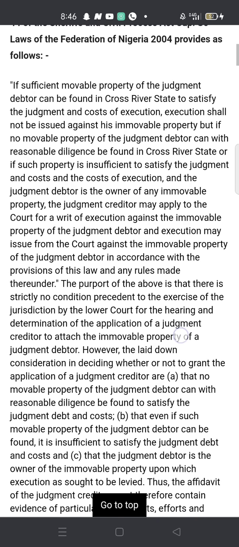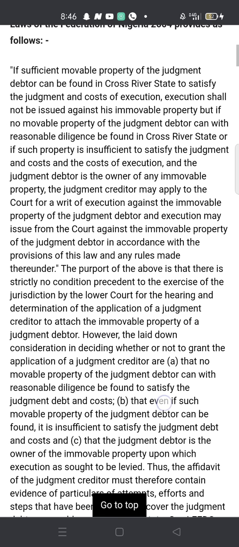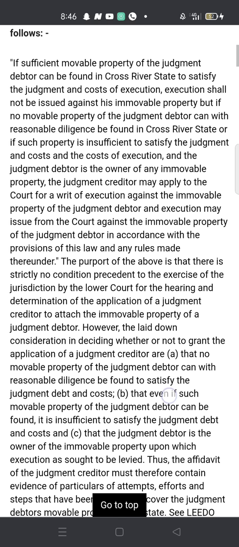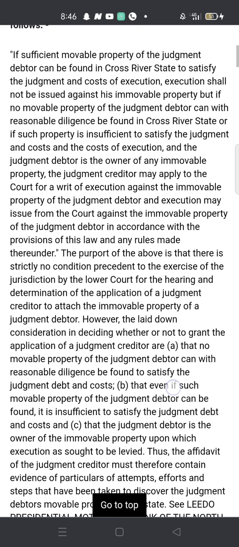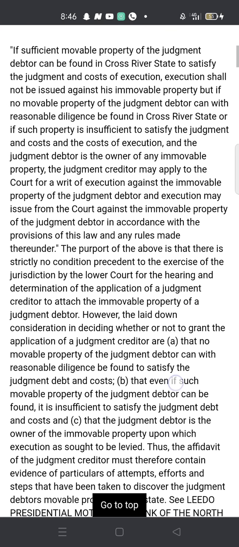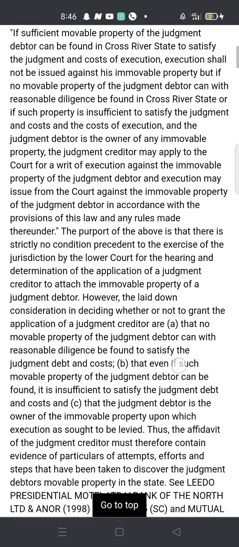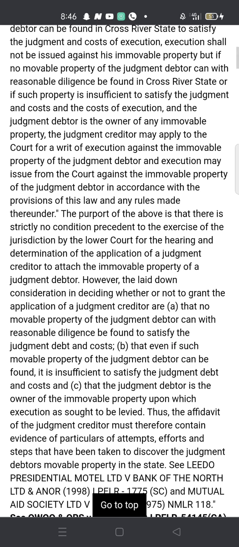Now, the purport of the above is that there is strictly no condition precedent to the exercise of the jurisdiction by the lower court for the hearing and determination of the application of the judgment creditor to attach the immovable property of the judgment debtor.